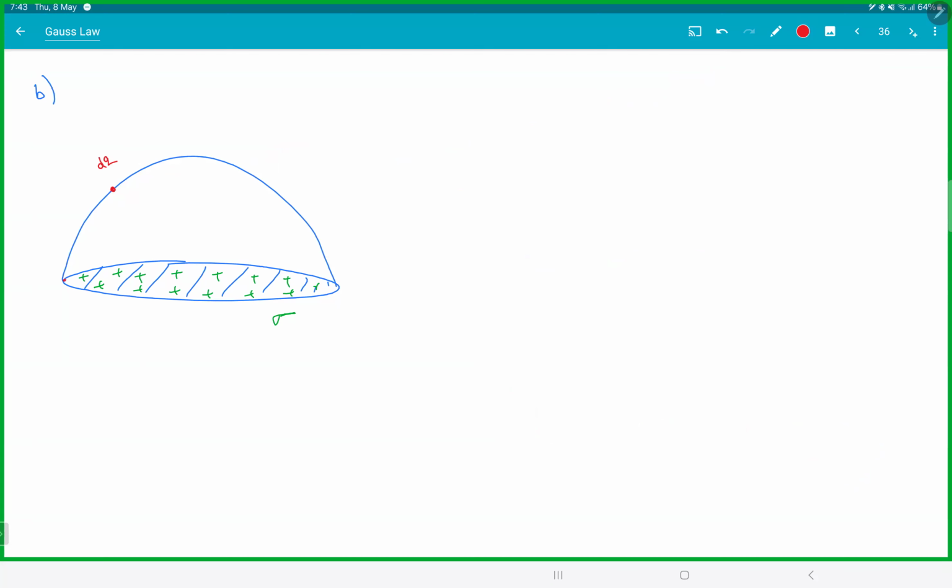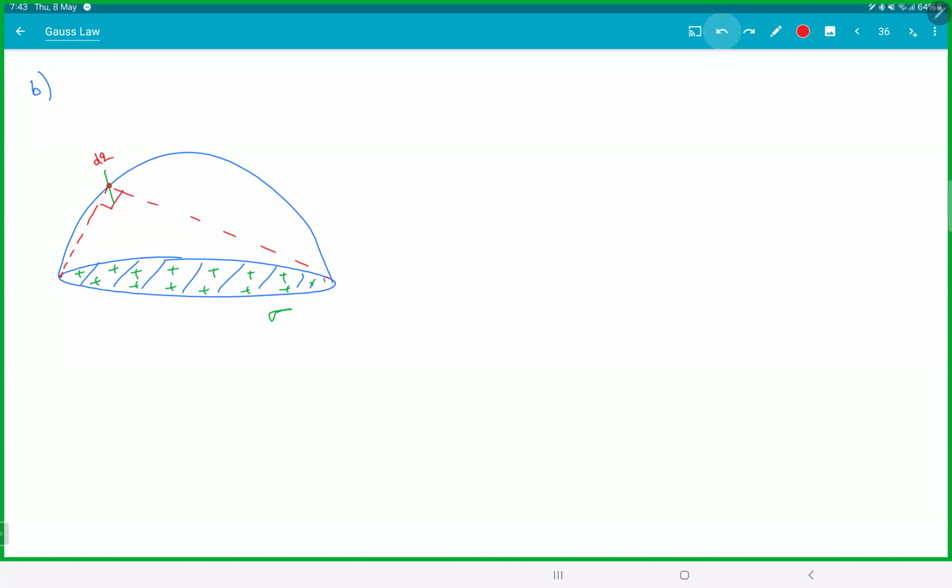If you draw the lines from here to this corner, what is this angle? 90 degrees, right? That means due to this point charge, whatever field lines you are getting, 1/4 of the field lines will go through the disk, isn't it? So due to dq, 1/4 of all its field lines will pass through the disk.